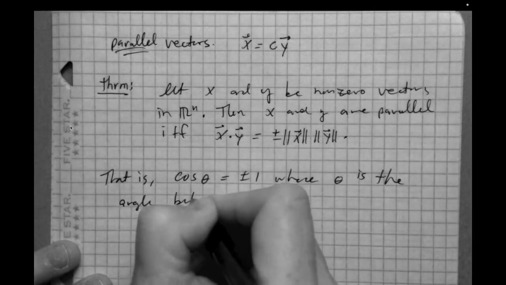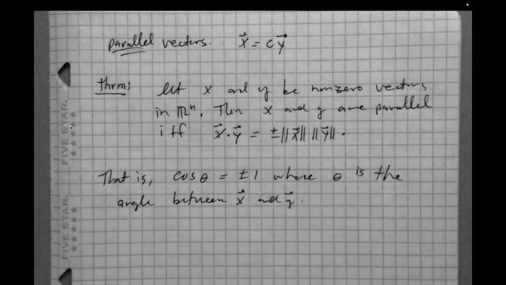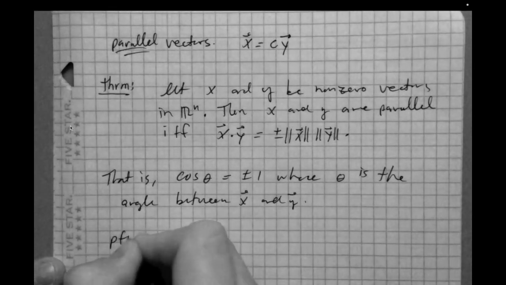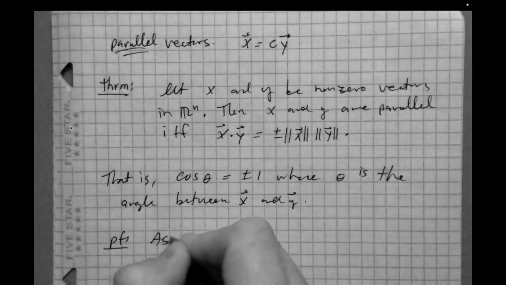Okay, so hold on. x and y are non-zero vectors in Rn. They're parallel if and only if the dot product of the two vectors is equal to the product of the norms of the vectors, plus or minus. Where is this one coming from? Let's prove it. Well, let's assume that x and y are parallel.